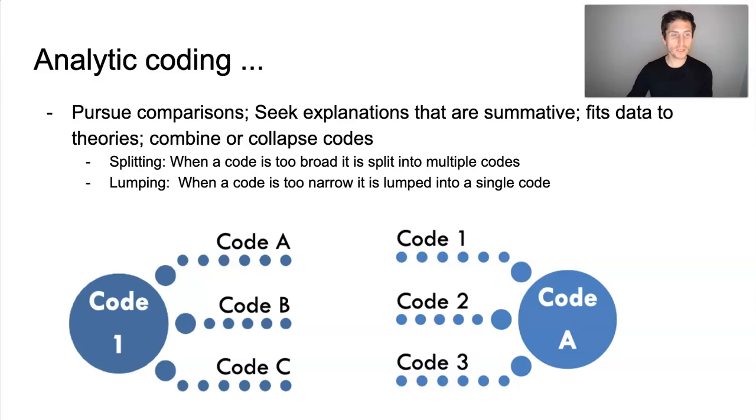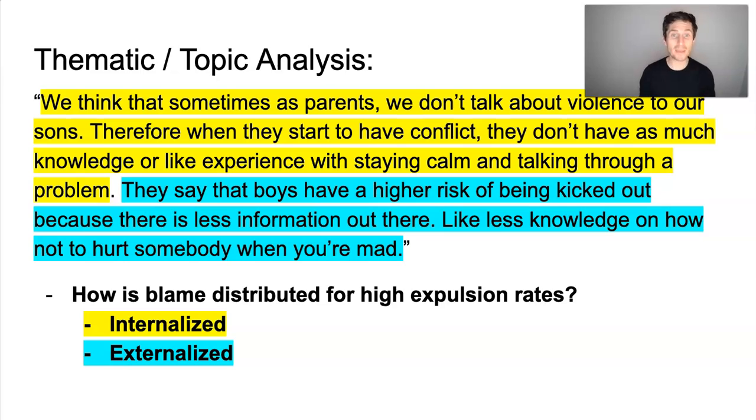Let's look at an example of how we might do that based on the themes that we just had in our previous coding. One way that we might lump these is to think about how our participants, when describing some reason that might explain expulsions in Public School 401, were focusing first on internalized explanations and second on externalized explanations, right?